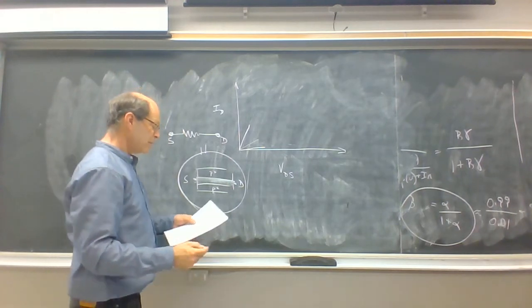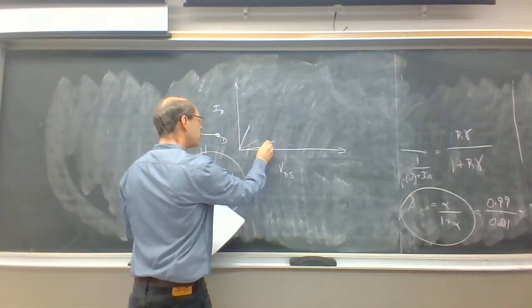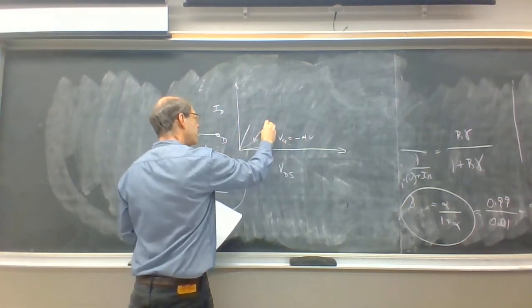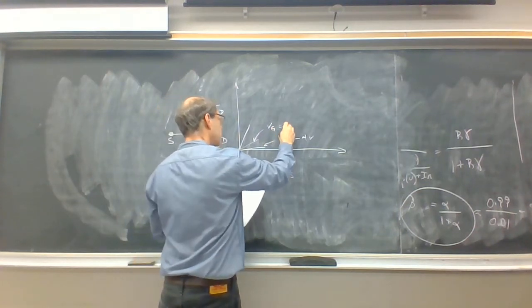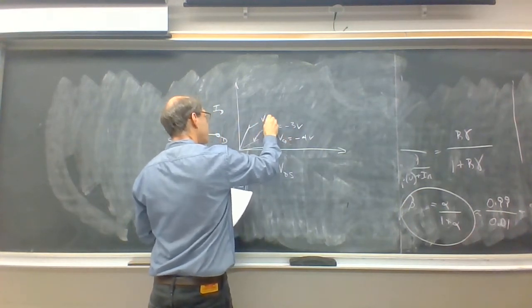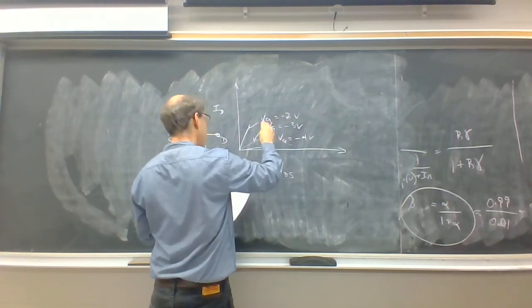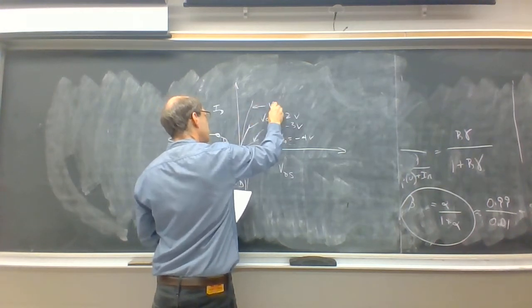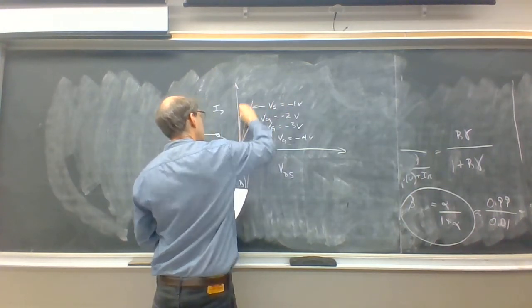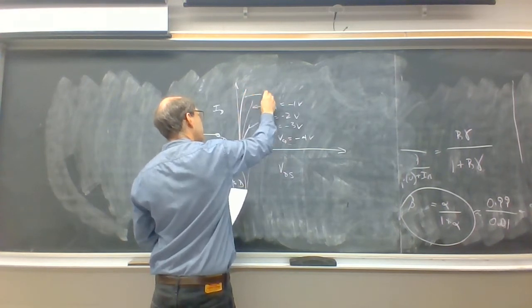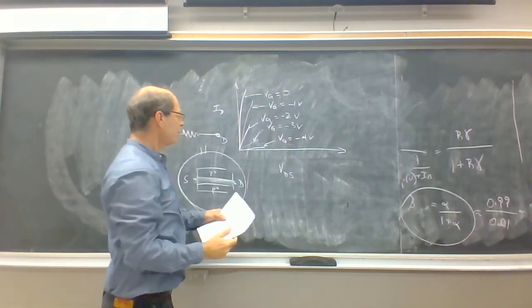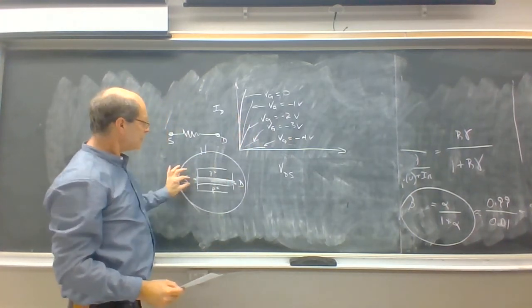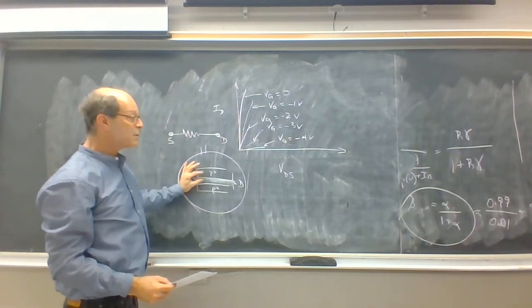And if you increase the gate voltage more, the resistance would get even higher and you'd get an even more reduced slope. So an example could be that this might be Vg equals minus 4 volts. This could be for Vg equals minus 3 volts. Vg equals minus 2 volts. Vg equals minus 1 volt. And finally, Vg equals 0. So we're changing the slope of that resistance, which is the channel, depending on the thickness of the channel.